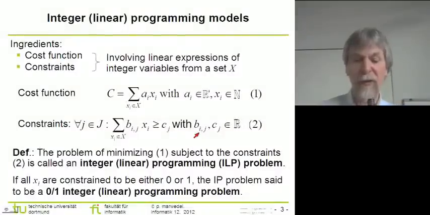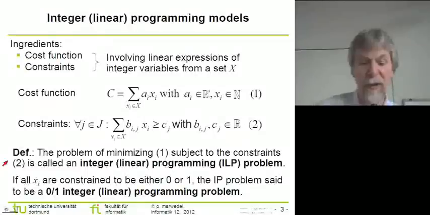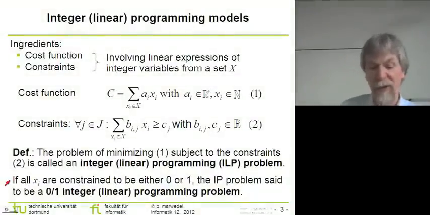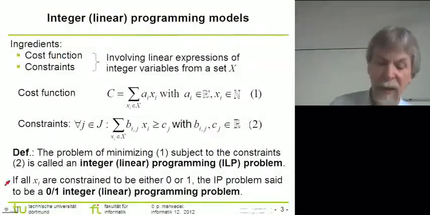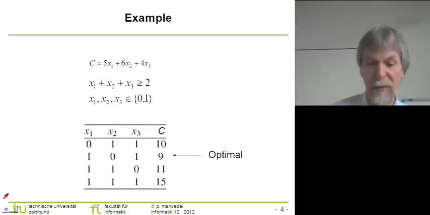These coefficients are again real coefficients, and the constraint, that means the other side of this inequality, is also a real number. Then the problem of minimizing this so-called cost function 1 subject to the constraints 2 is called an integer linear programming problem, or a so-called ILP problem. If all these variables are constrained to be either 0 or 1, this problem is said to be a 0-1 integer linear programming problem.